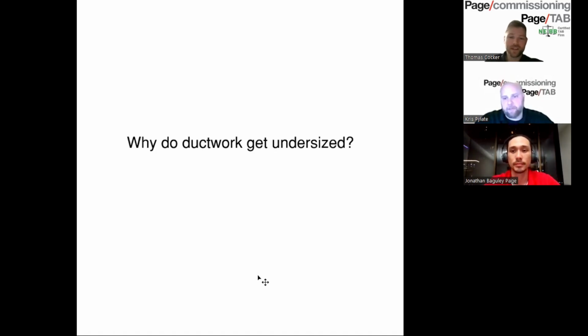Right, and I've had it where I've done all my load calculations and then I send out the drawings for that phase, whatever it was, 100% DD, and then I get them back for the next phase from the architects and the rooms are all changed around. And so then I have to do my due diligence, redo my loads and make sure that the ductwork gets upsized from there if the load has changed.